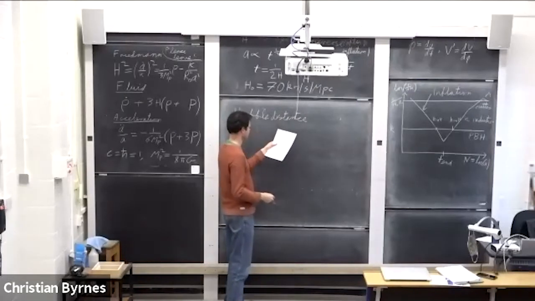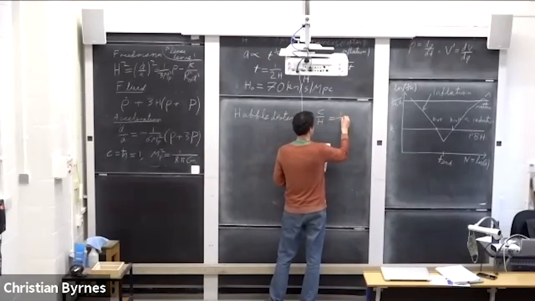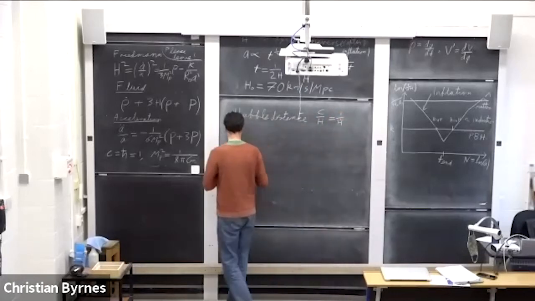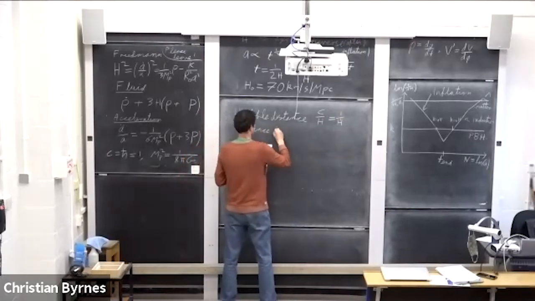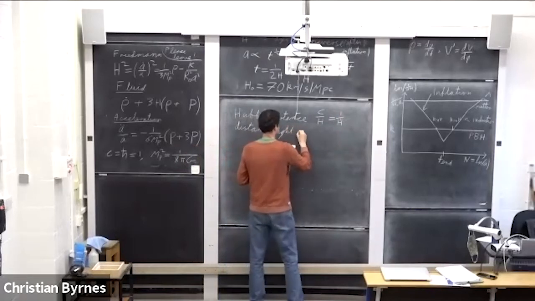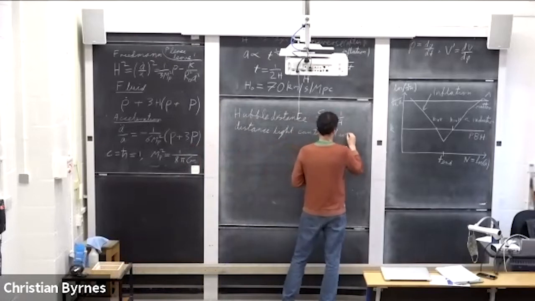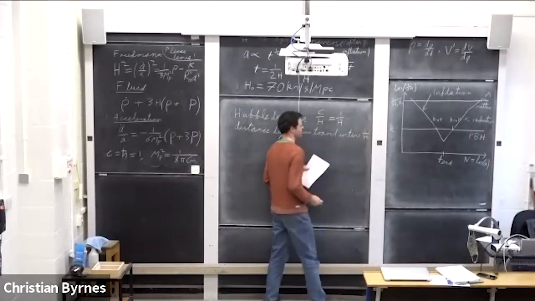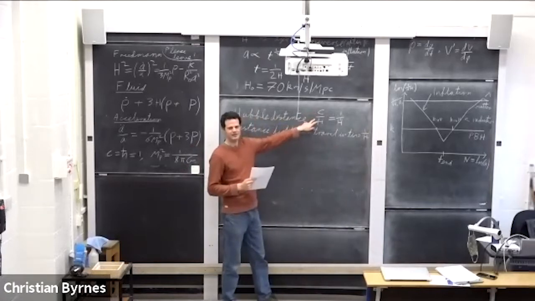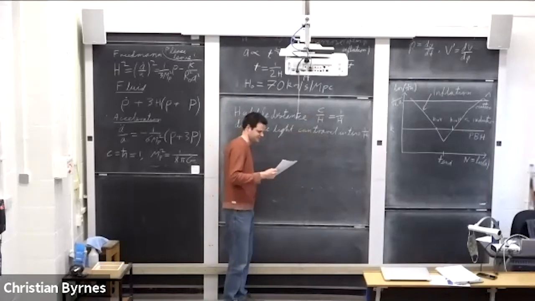This is c over H, but in our units, this is 1 over H. This is the distance light can travel in a Hubble time, in time 1 over H. It's simply the speed times the time that is the distance you can travel.